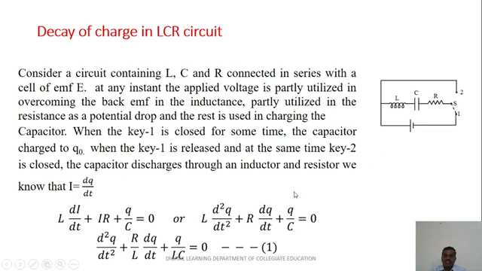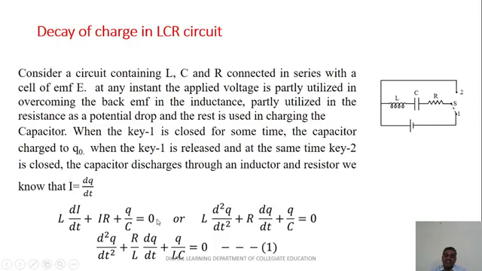We know the definition of current, I is equal to dq by dt, and if you apply Kirchhoff's voltage law in this network, the sum of the voltages across the inductor, capacitor and resistor is 0. So L dI by dt is the voltage across the inductor, IR is the voltage across the resistor, and q by C is the voltage across the capacitor.